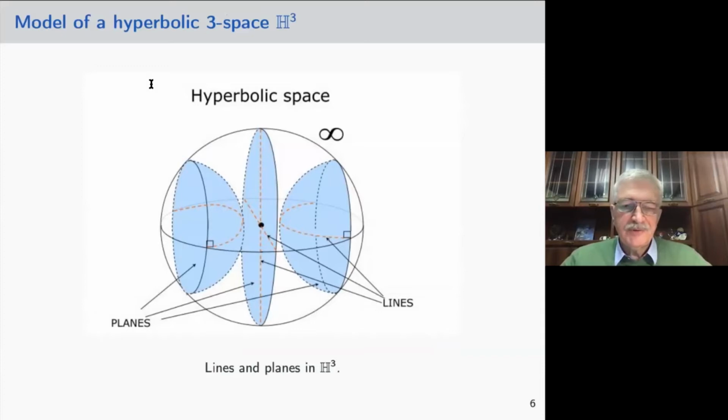Planes in this geometry are just hemispheres orthogonal to the absolute, and lines are just lines passing through the center, or semicircles orthogonal to the absolute. This is the model which I use for pictures mostly, so I don't need to draw exactly the geometry or metric, so we don't really use the metric. So this is one of the famous models of hyperbolic space.